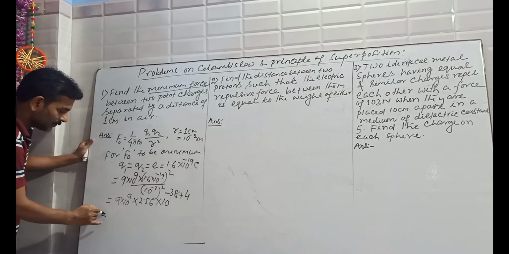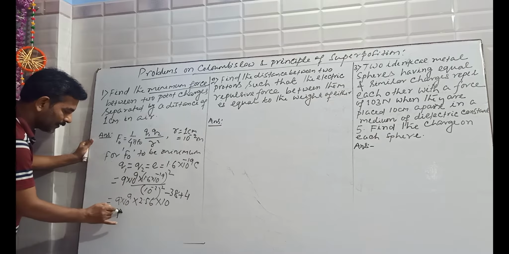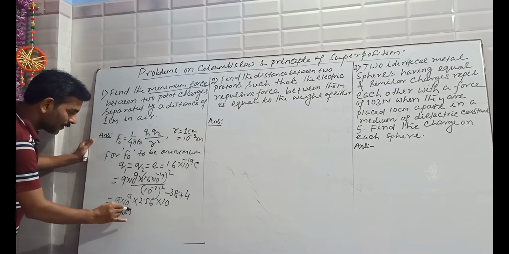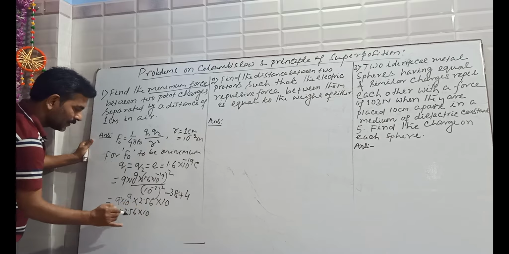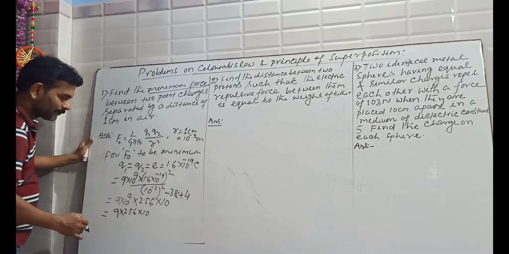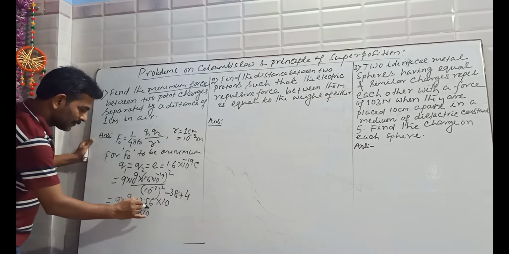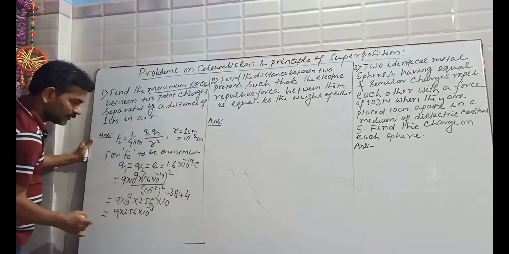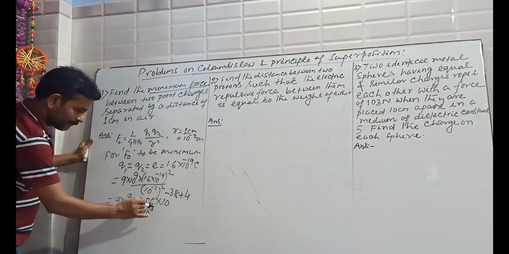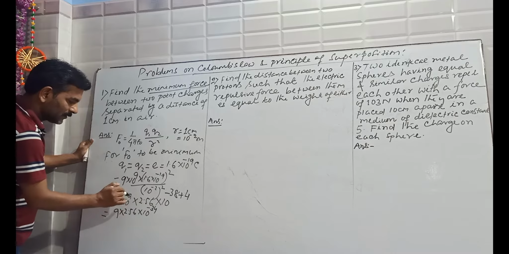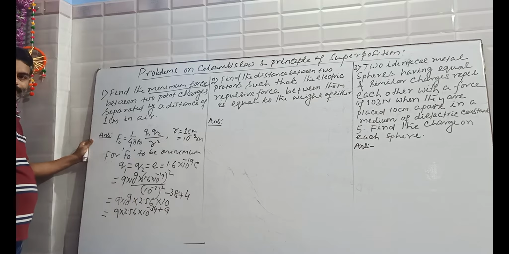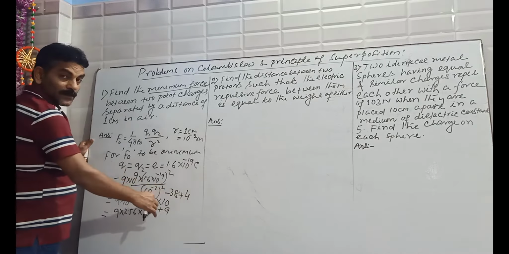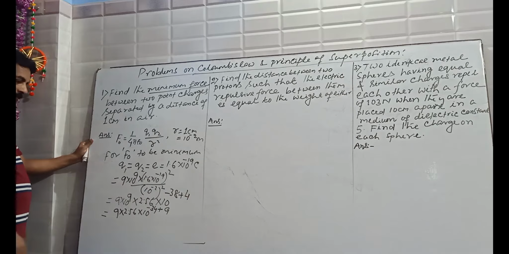And what you are getting, you see, 9 into 2.56 into 10 to the power what? Minus 38 plus 4, minus 34 plus 9.